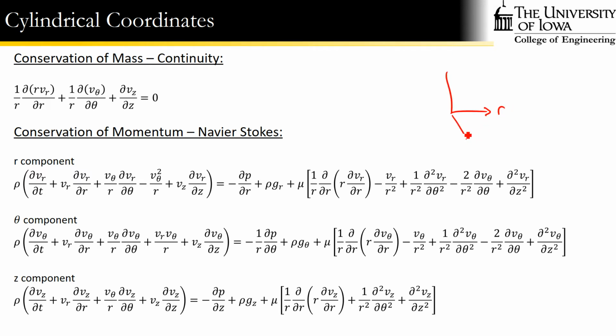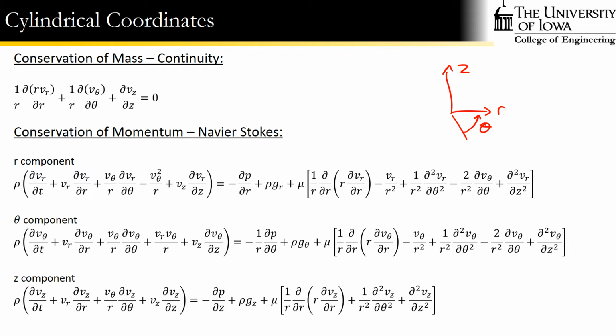Got R, theta, we have z. But the same remains true. We've got four equations, and if we count up the unknowns, we end up with four again: the radial velocity, the angular velocity, the z or axial velocity, and the pressure.